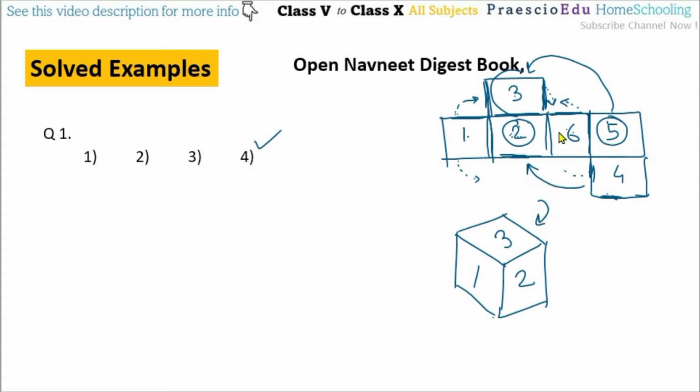Looking at this side, 6 folds up from here, 5 goes to the back side, and from the bottom side 4 goes. This is an experiment students can do for better understanding, because with verbal explanation alone it is quite difficult to understand without a model.